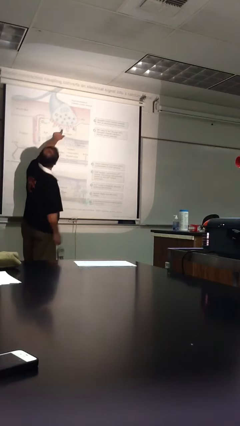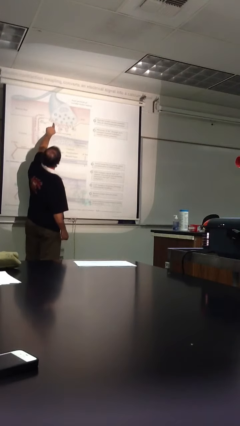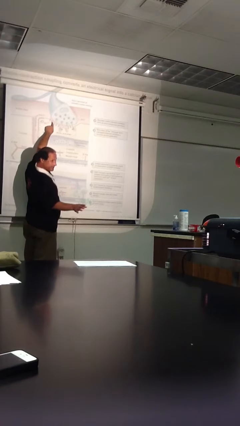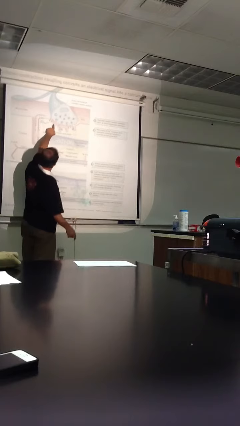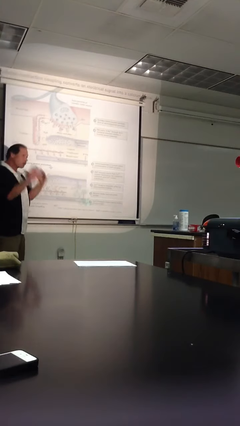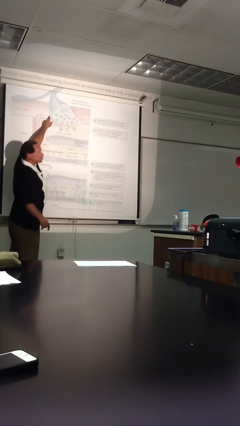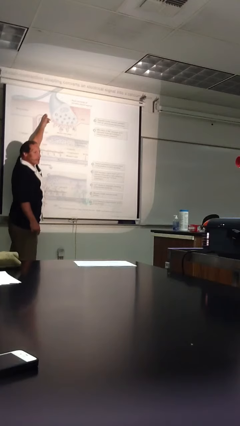And here we see closed channels, and here we see open channels, right? And now notice, what is coming through is not the neurotransmitter, yes? The neurotransmitter is bound. What's coming through is the ion. And I really wish most textbooks would put the ion there also, right? They don't show you something moving in.